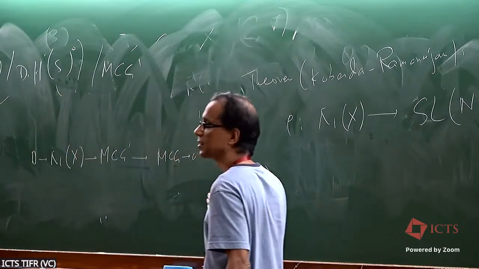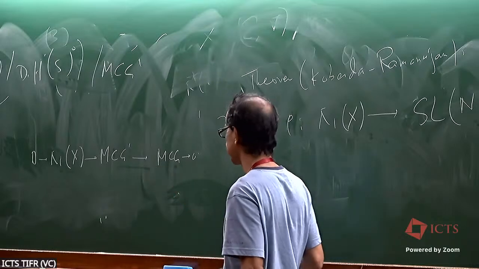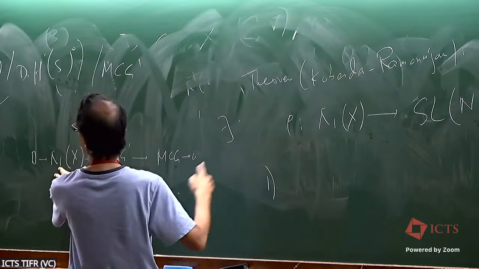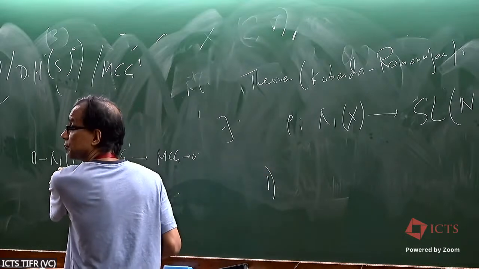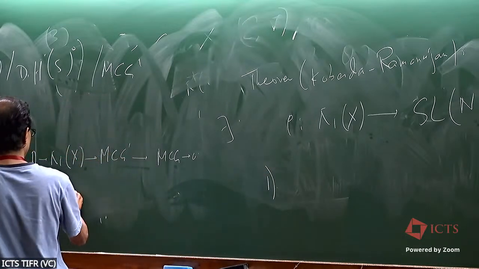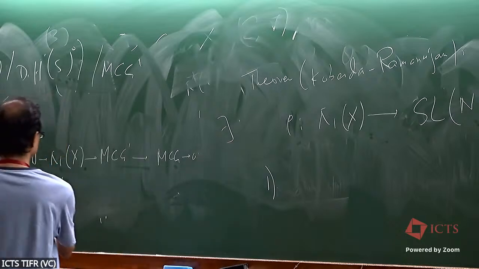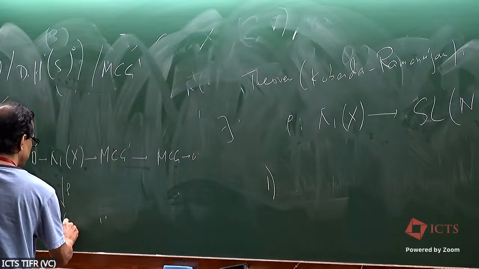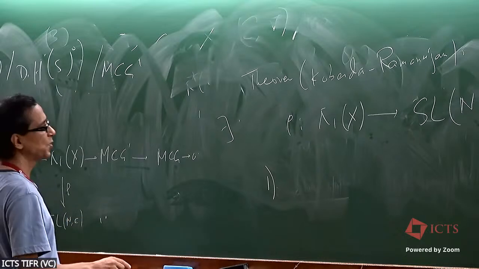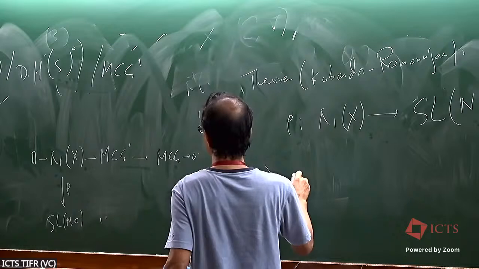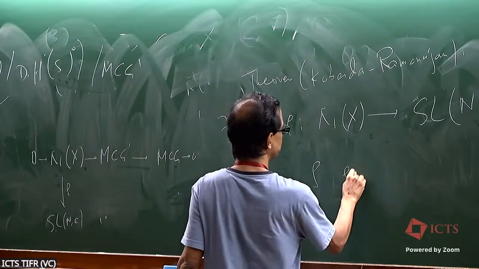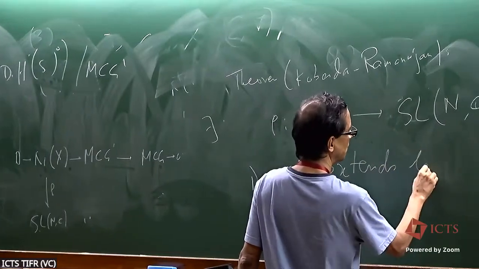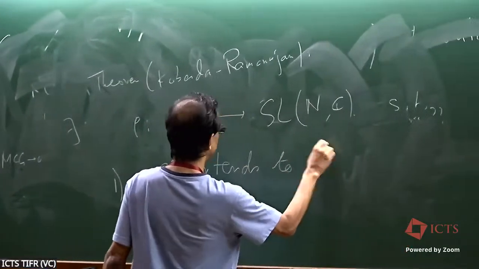From the long exact sequence of homotopy, you can get this. So I have a rho, a homomorphism from here to SLNC, capital N. The first property says that rho extends to rho tilde.